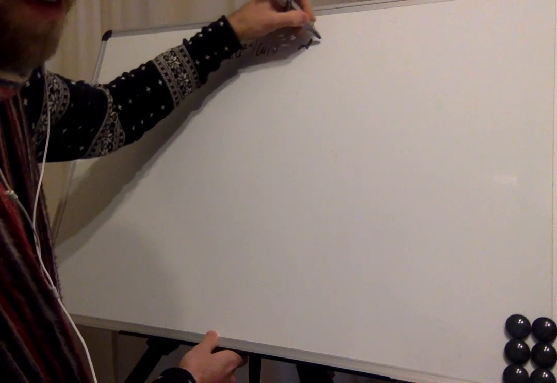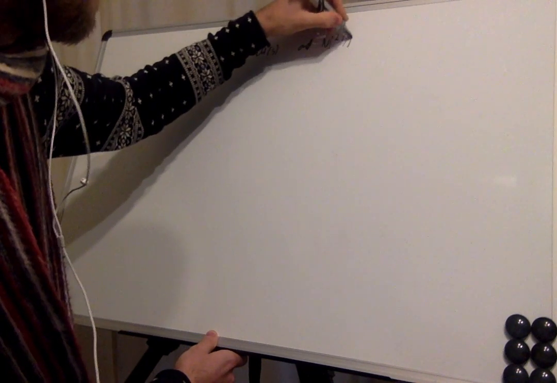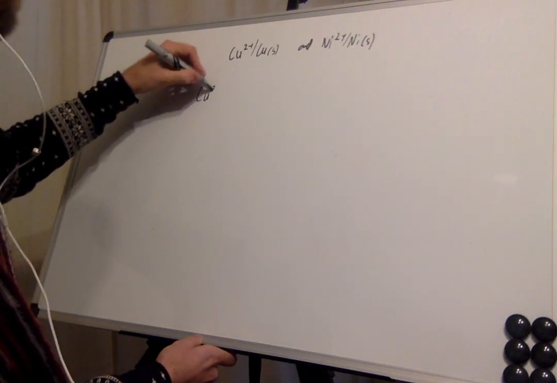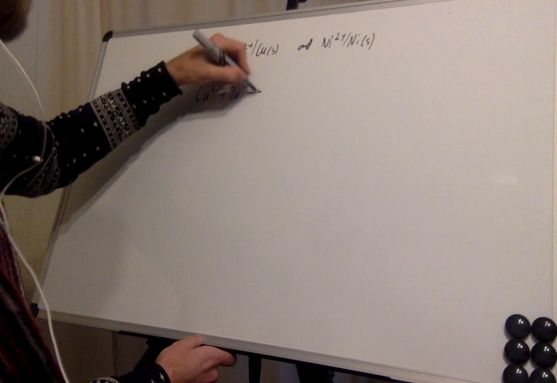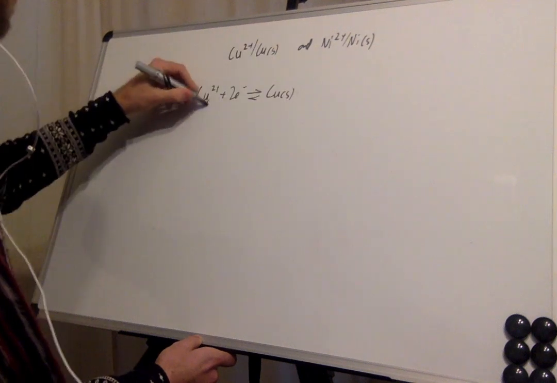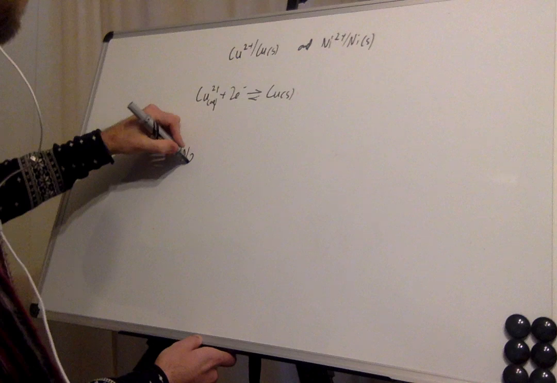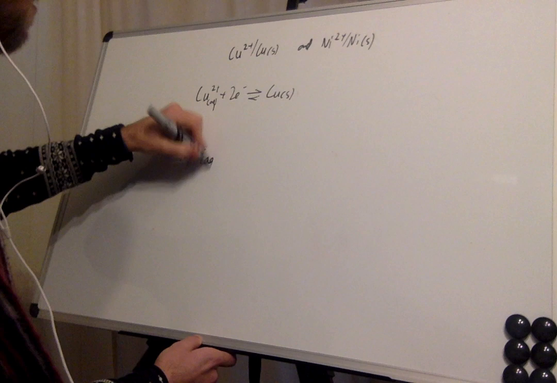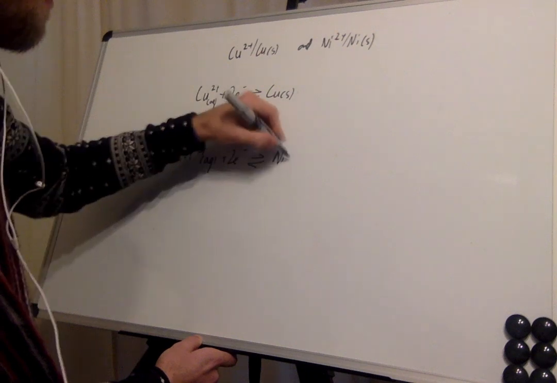Copper 2 plus plus 2e negative goes backwards and forwards to copper solid. That's aqueous, obviously. And nickel 2 plus aqueous plus 2e negative goes backwards and forwards to nickel solid. Again, I'm thinking about my backwards Z. I've got nickel as the start of my backwards Z and copper 2 plus.